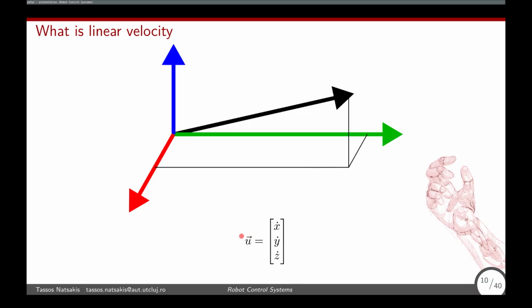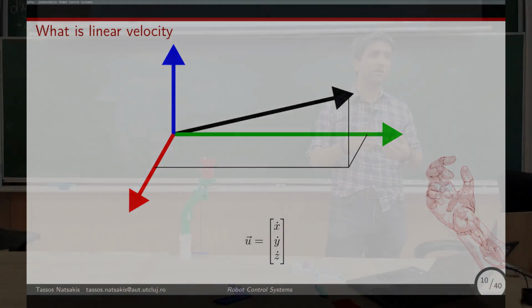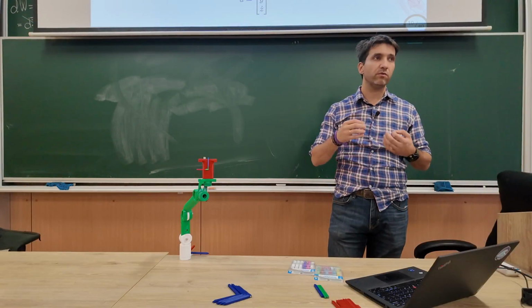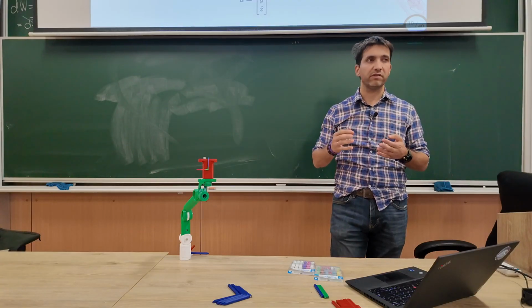So the linear velocity, I will denote it with this v and vector. And the 3 parts of it will be the x, y, z coordinates. They have the dot on top because dot is basically the differential with time, right? The derivative with time, sorry.